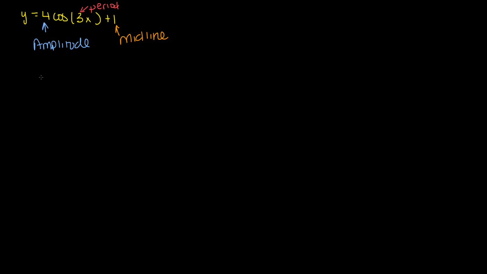Amplitude is the absolute value of the coefficient multiplied to your periodic function. So my amplitude is going to equal the absolute value of 4, which is just 4. My period is going to equal 2 pi over the coefficient of x, which is 3, so it's 2 pi over 3.